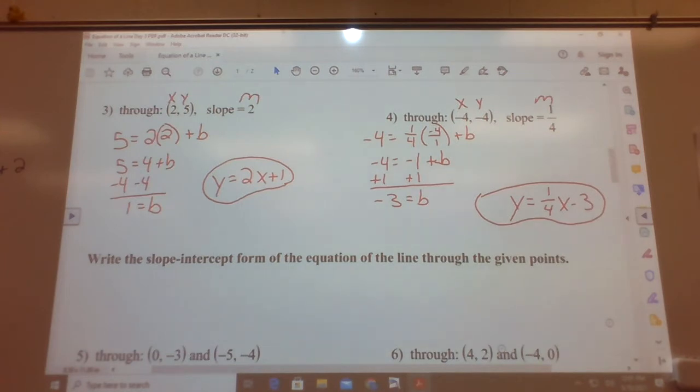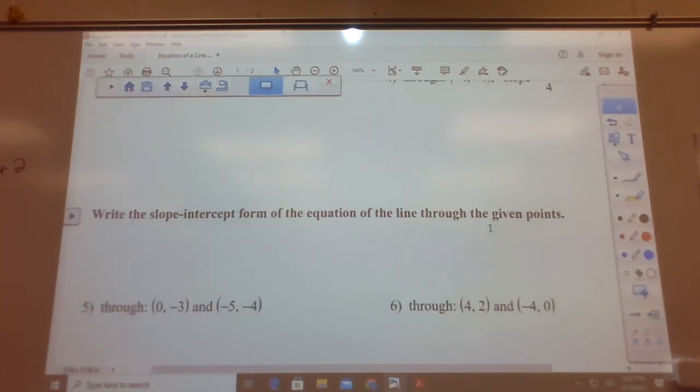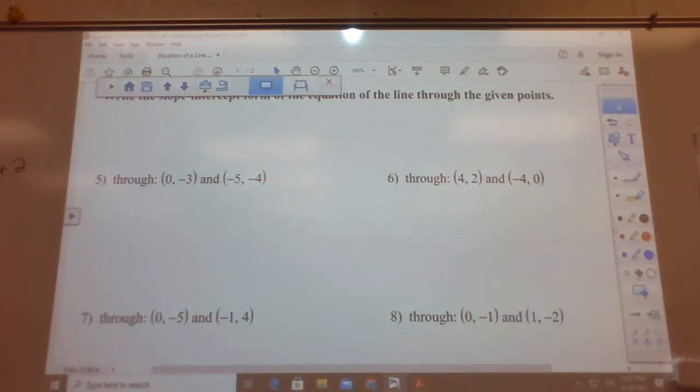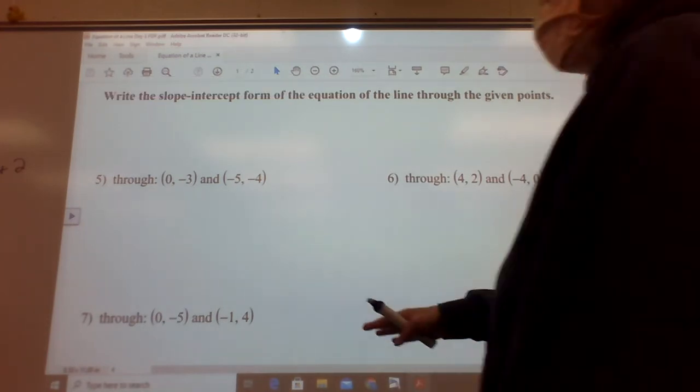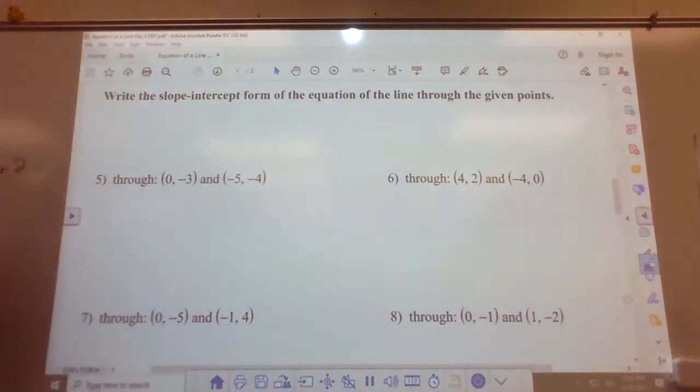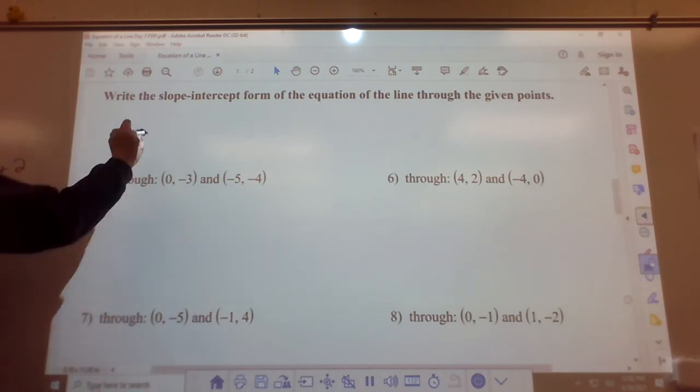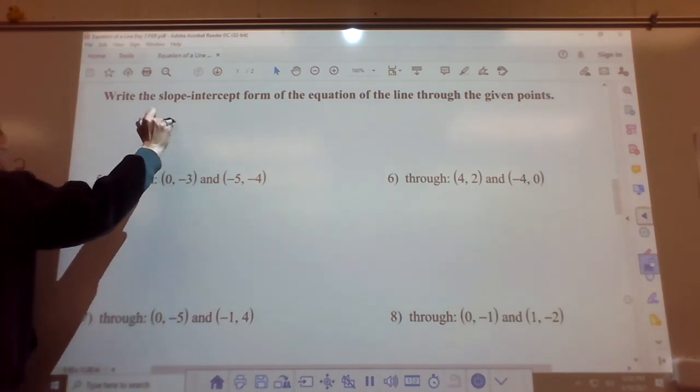So let's take a look at 5 and 6. Now 5 and 6, I have a point, I have a second point. I don't have a slope. I need a slope. I have to have a slope to do this. So the first equation we're going to need is our slope equation.